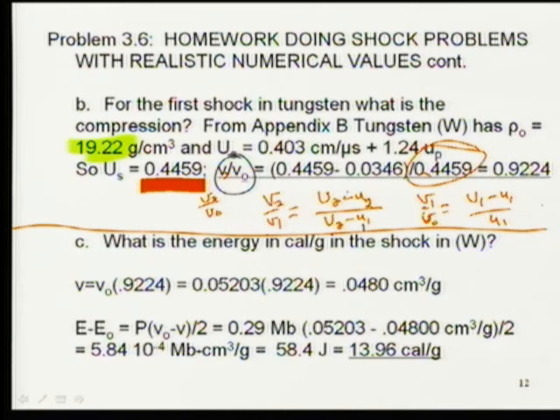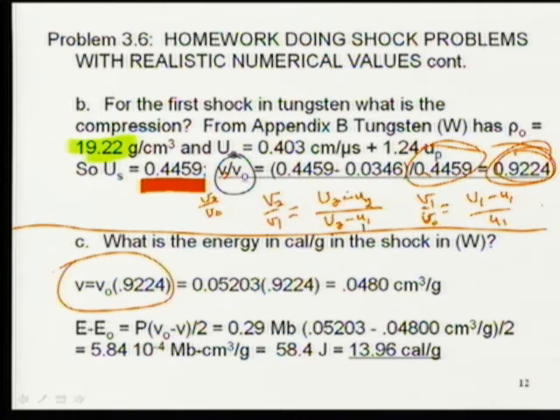Okay. The energy equation looks like, except for maybe making an error in this equation, it's going to also be slightly off because of that error. But the process is, V2 is equal to V0 times the correct compression.